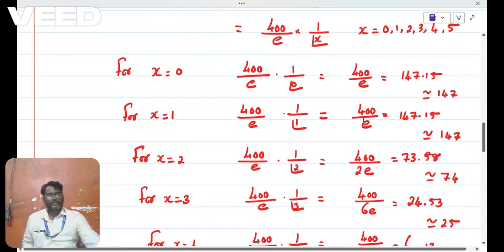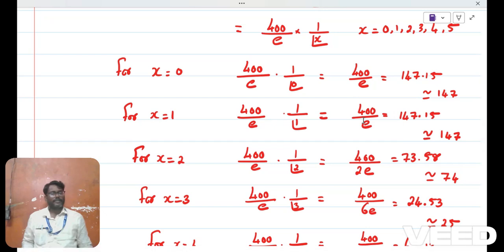Start with x equal to 0. We get 400 divided by e into 1 by 0 factorial. We know that 0 factorial is 1, so we get 400 by e. Using the calculator, we get this value as 147.15, which is approximated to 147.